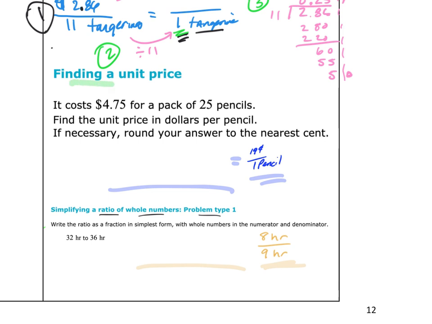Okay, so again, if it says unit price, the key word there is unit, because we're going to talk about unit price. Price is a key word because that means we're going to have dollars over. And what are we talking about? Well, we're talking about pencils here, right? So it's going to be dollars per pencil.